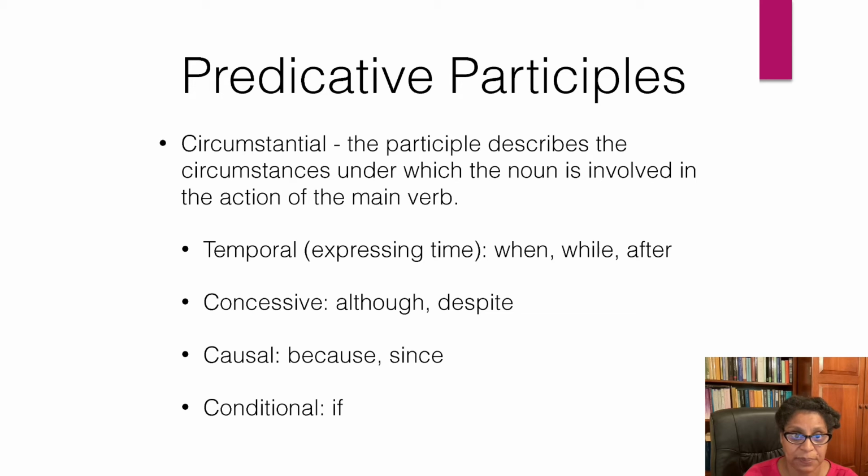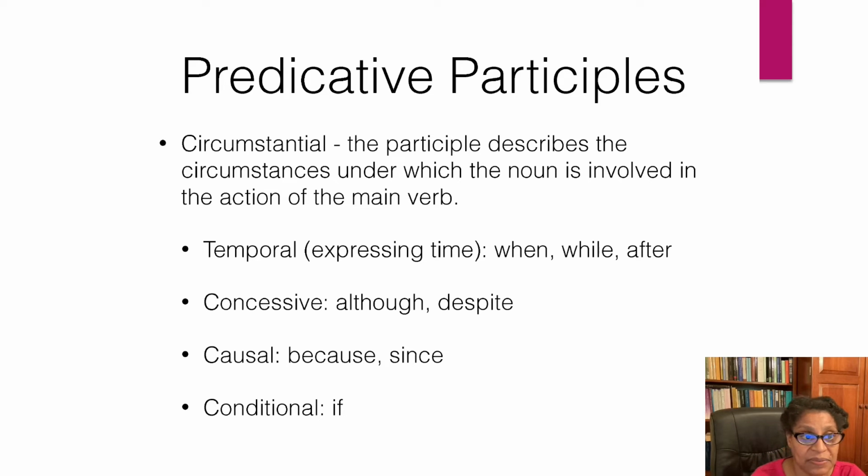Now, what about predicate participles? Well, these are far more common than the ones in the attributive position, and these are what we call circumstantial participles. These describe the circumstances under which the noun is involved in an action of the main verb. In other words, it's the staging of the main verb, subordinate clauses.